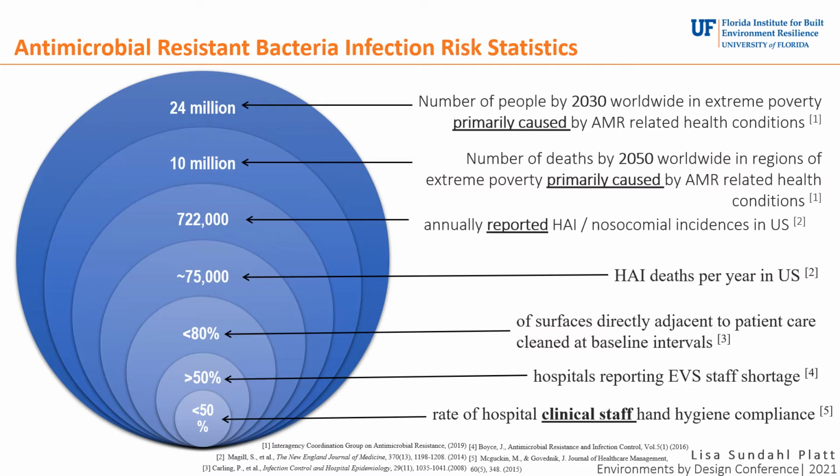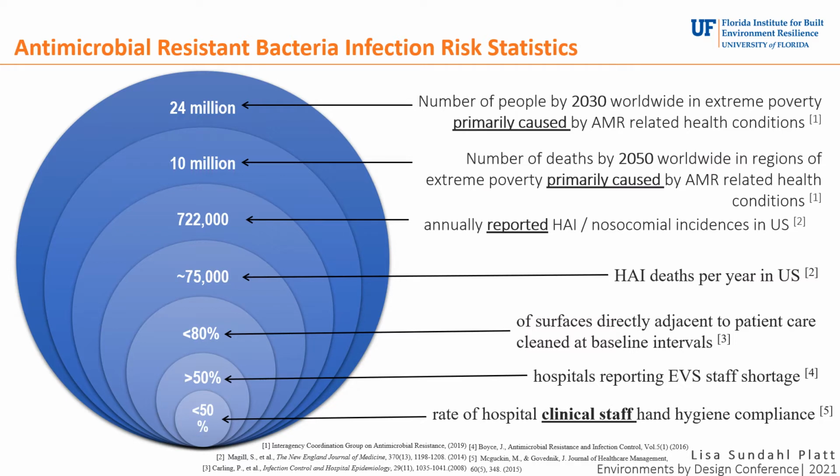More than 50% of hospitals in the U.S. report that they have an environmental services, or EVS, staff shortage. Those are the people that clean the patient rooms. Less than 80% of surfaces directly adjacent to patient care areas are cleaned at baseline intervals. So those in an inpatient setting would be that 4-foot to 5-foot radius around the patient bed.